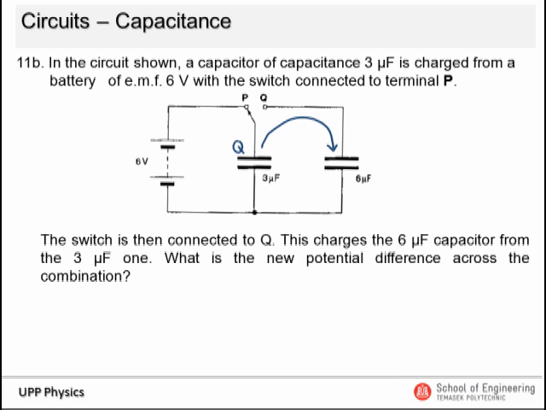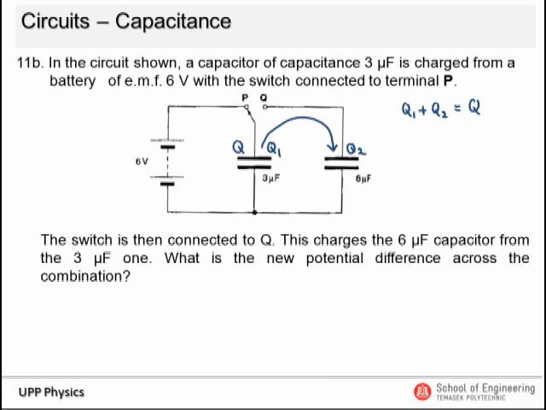So the charge that's remaining on the 3 microfarad will no longer be Q, but let's say Q1. And assuming Q2 is transferred to the 6 microfarad capacitor. So the sum of Q1 and Q2 will be equal to the original charge, Q, that is stored on the 3 microfarad capacitor.